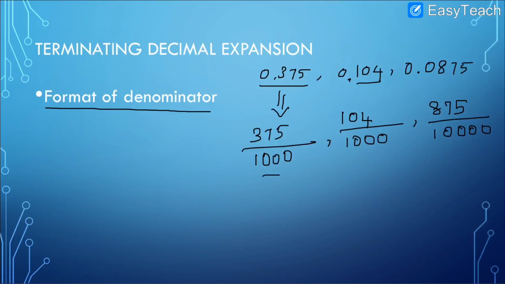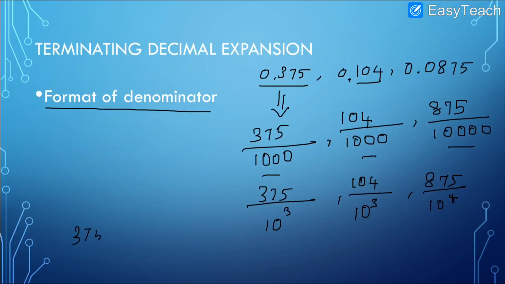Look at the denominators. Every denominator has the value of 10 raised to a power: 10 raised to power 3, and again 10 raised to power 4. We can further split them, since 10 can be split as 2 times 5. So 2 to the power 3, 5 to the power 3.